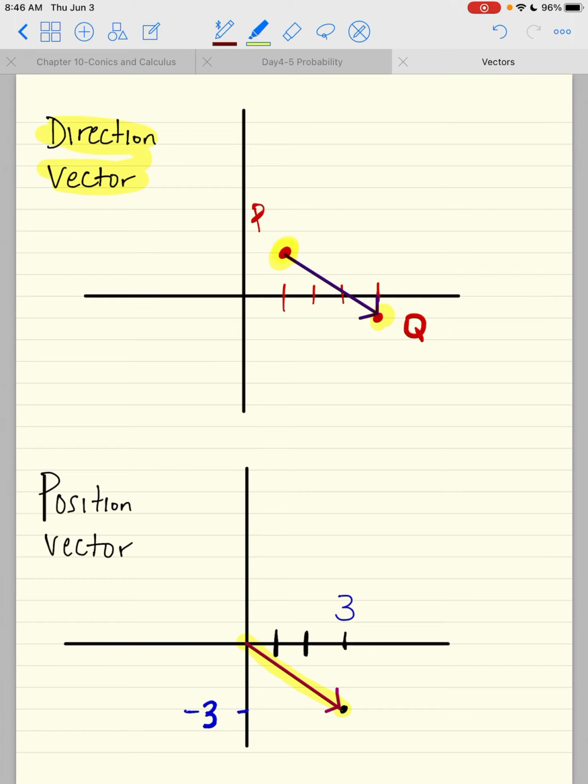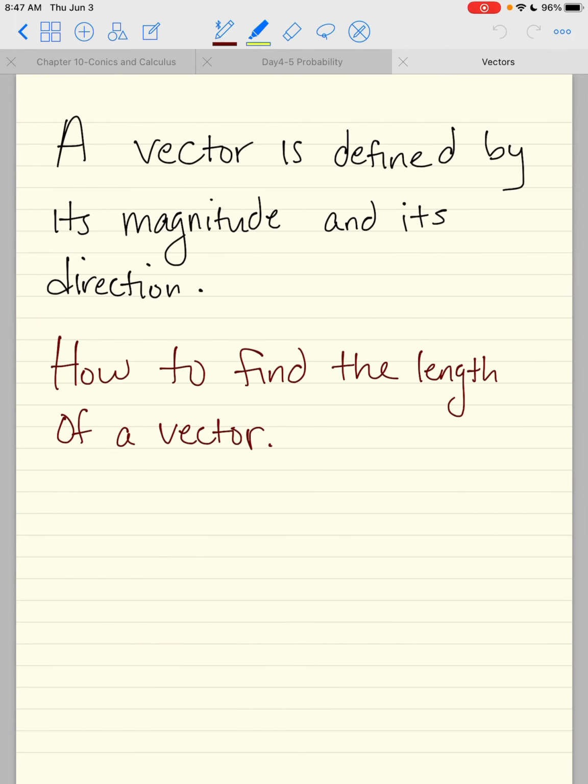So we can plot it this way, and that will be a vector. We'll plot it this way, and that'll be a vector. This one is called direction. This one is called position. And regardless, vectors do not need to start at the origin, but a lot of times we make them start at the origin. A vector is defined by its magnitude and its direction.